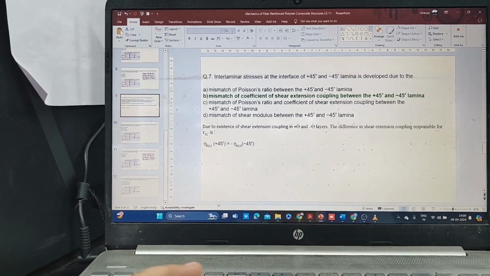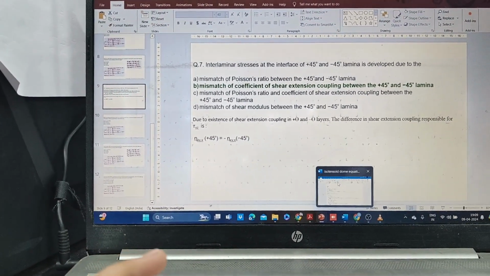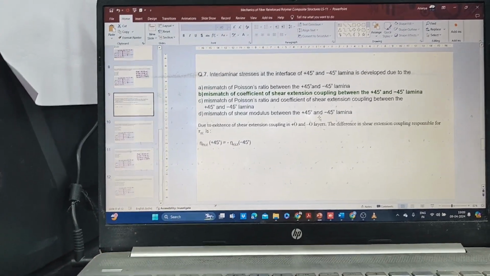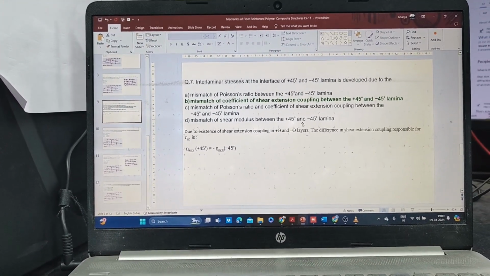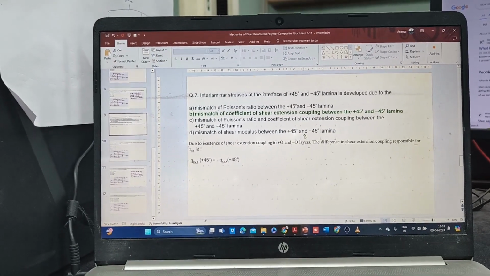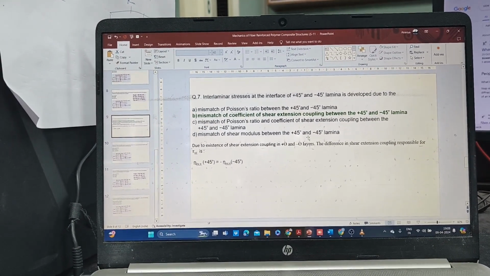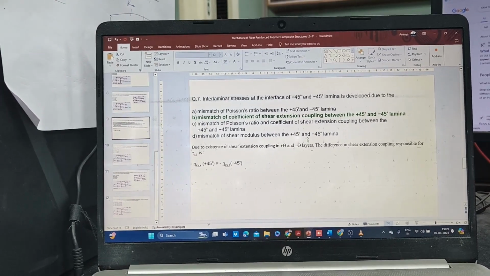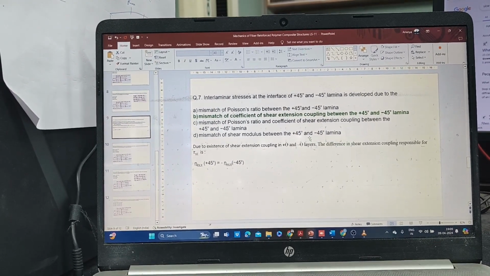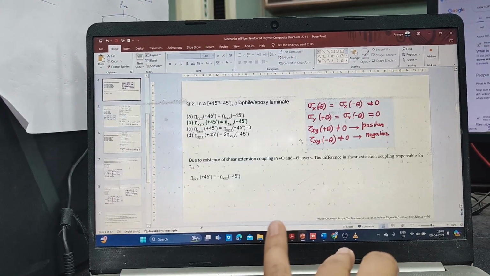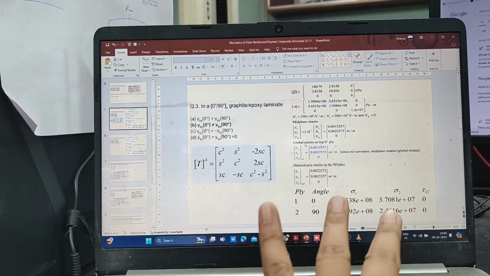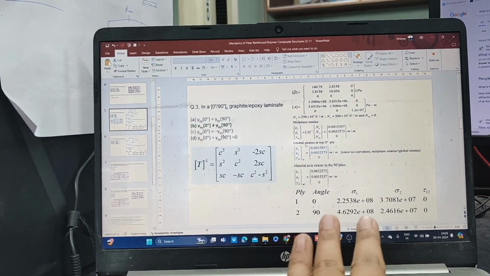So here you can see what they are talking about. They are talking about two things, Poisson ratio and the shear extension coupling. Now what are the conditions for Poisson ratio and shear extension coupling for 0/90? As we discussed in many other questions before, for a 0/90, the Poisson ratios are not equal to each other.